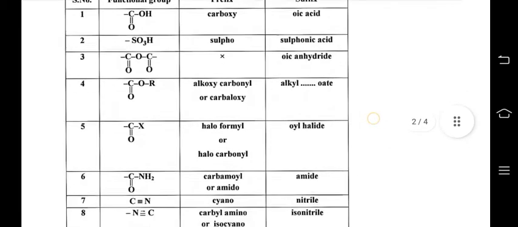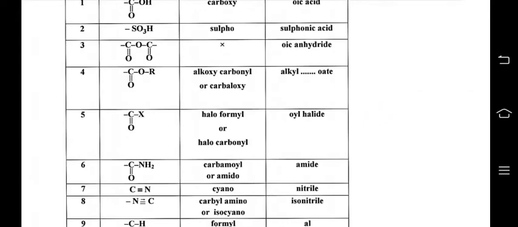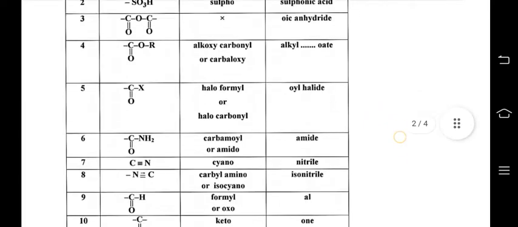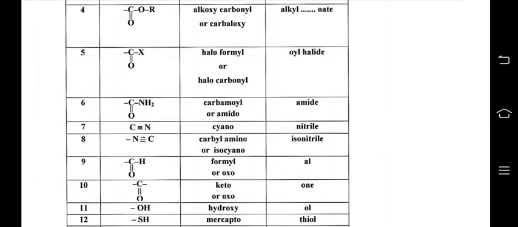In case of the halo compounds, haloformyl compounds or oyl halides. In case of the amide, the prefix is carbamoyl or amido and the suffix is amide. In case of cyanide, the prefix is cyano and the suffix is nitrile.